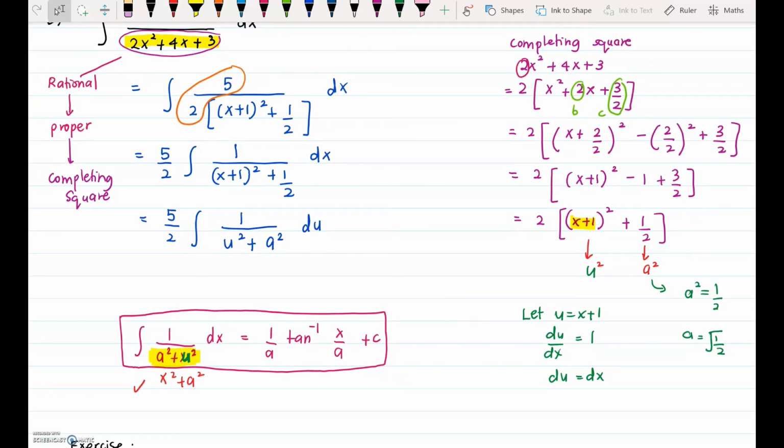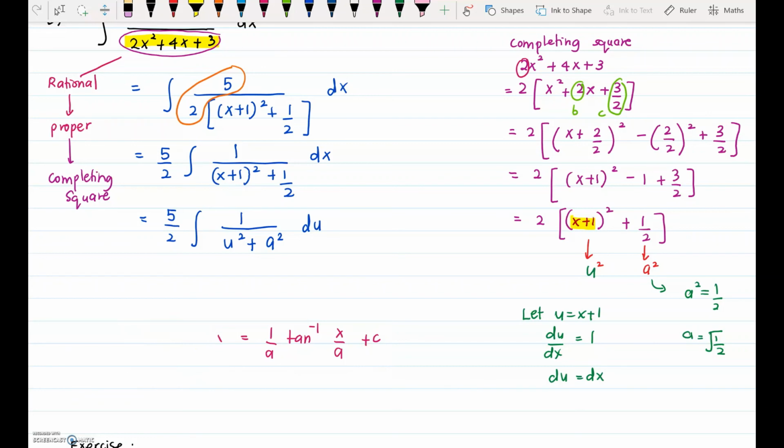So we will have 5 over 2 times the integration of 1 over u squared plus a squared, which will be 1 over a tangent inverse u over a plus c.